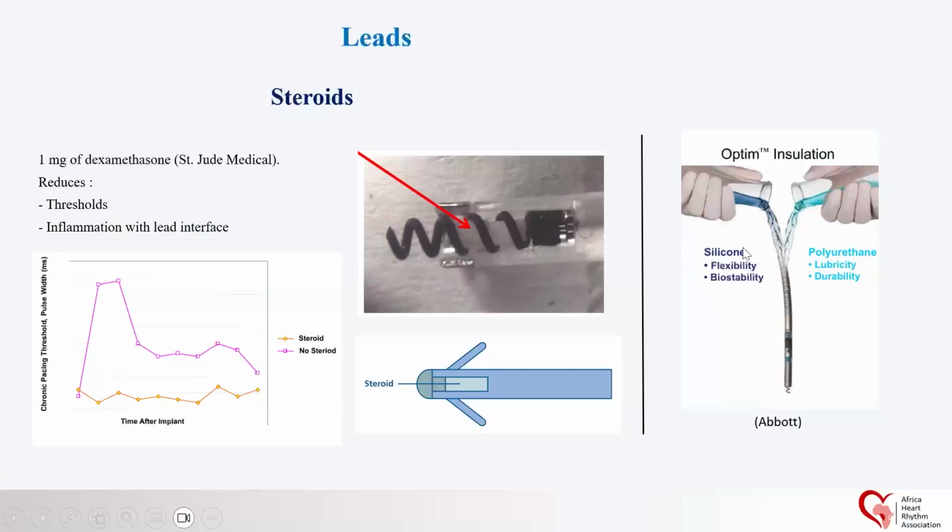That means we will have fewer problems with the lead, especially when we have a flexible lead that we can place without any danger of perforation or other problems, especially when we have an active fixation.